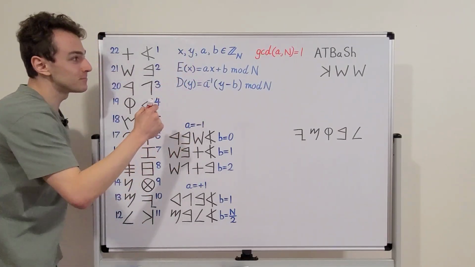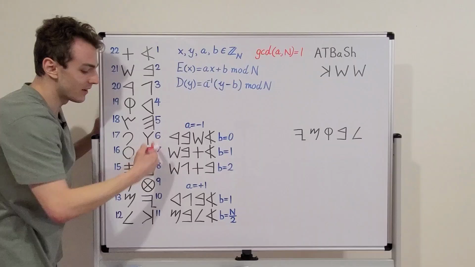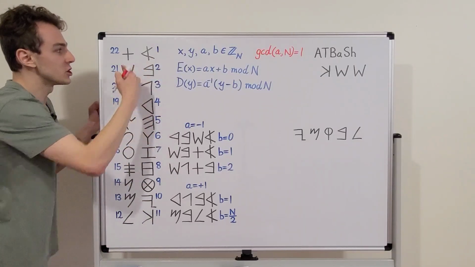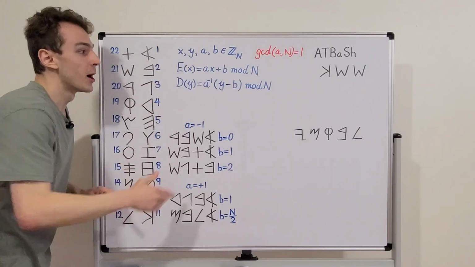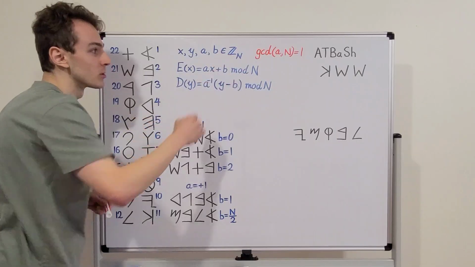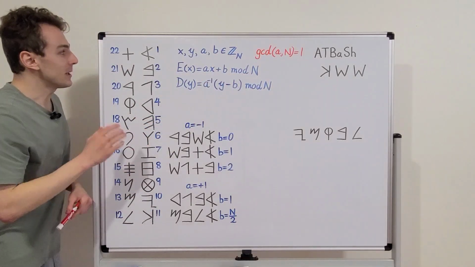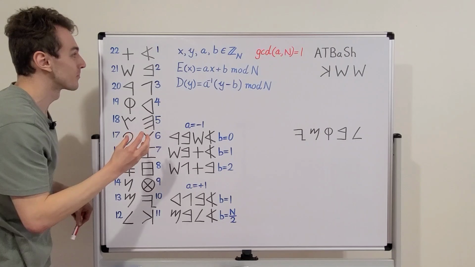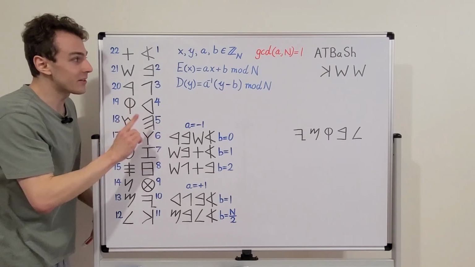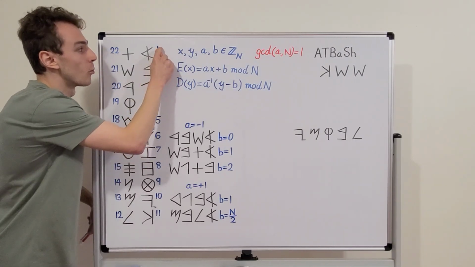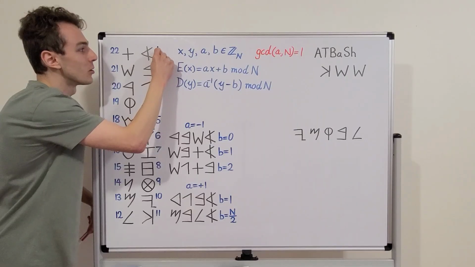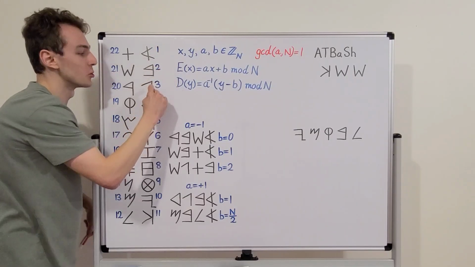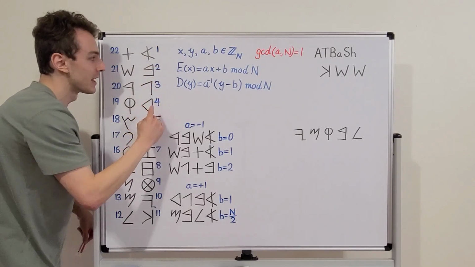So x and y can take on any of these values, 1 through to 22. But because we are working mod 22, n is equal to 22, that means that 22 is the same as 0. And we're using the specific convention where we start numbering from 1. So Aleph is numbered with 1, Bet is numbered as 2, Gimel is numbered as 3.